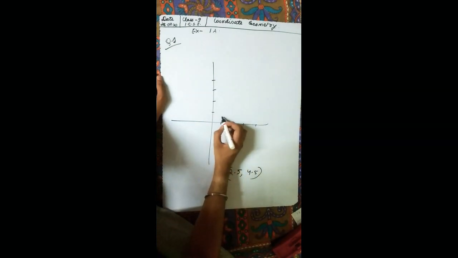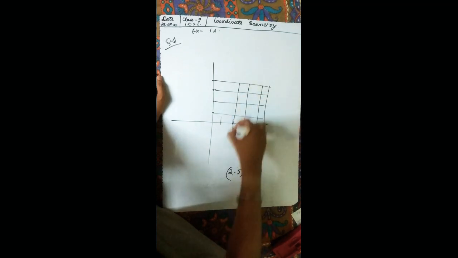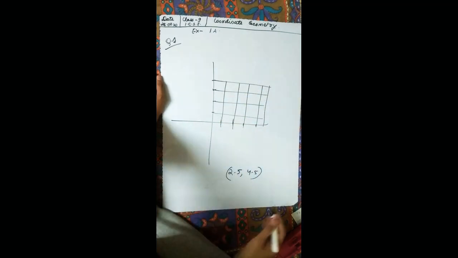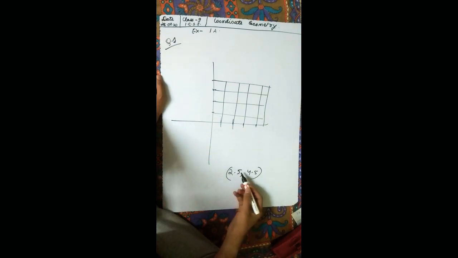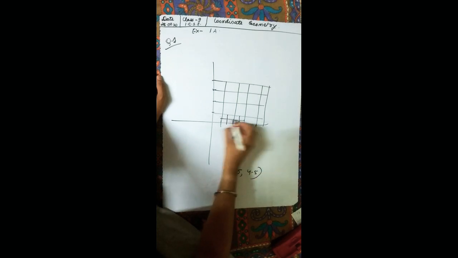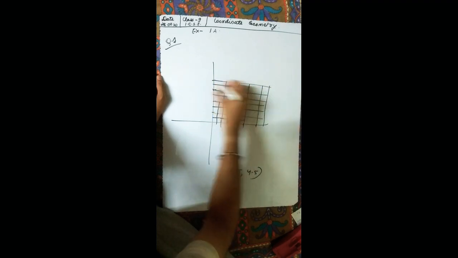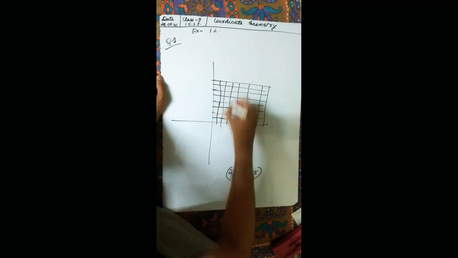You will have a block like this, and you will see that each block is also subdivided like this.